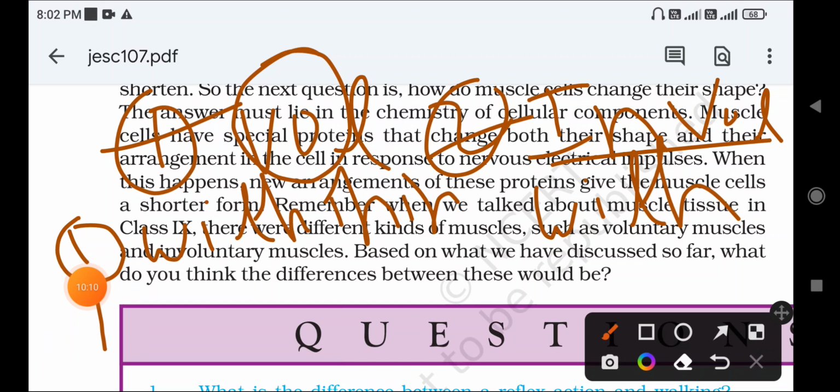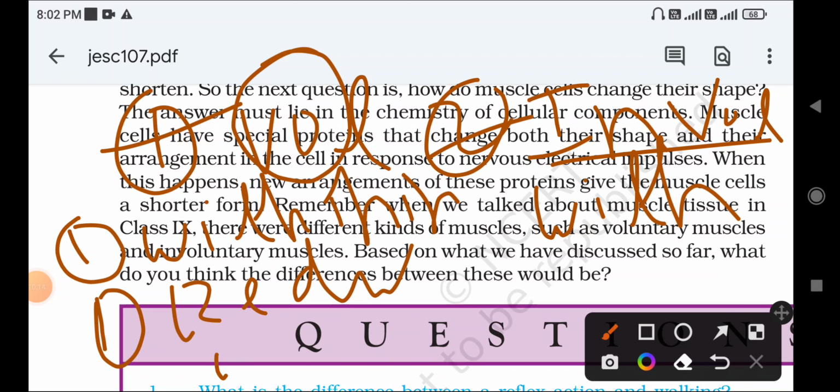Example, you can write reading, writing, talking, clapping. These are examples of voluntary actions, and these are examples of involuntary actions: respiration, excretion, transportation, blood circulation.